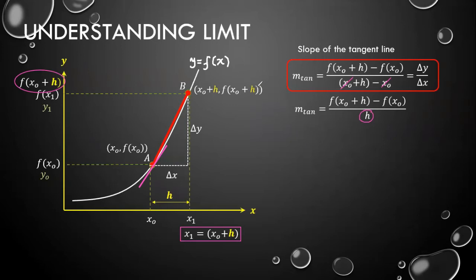Is it clear too? Delta y over delta x. Very easy, right? That's the tangent or the gradient.